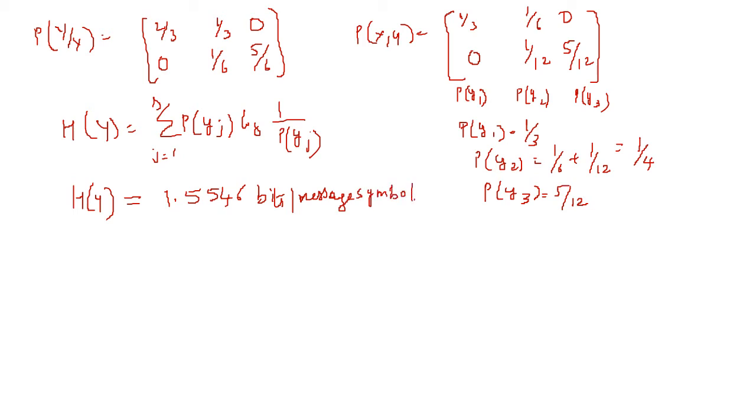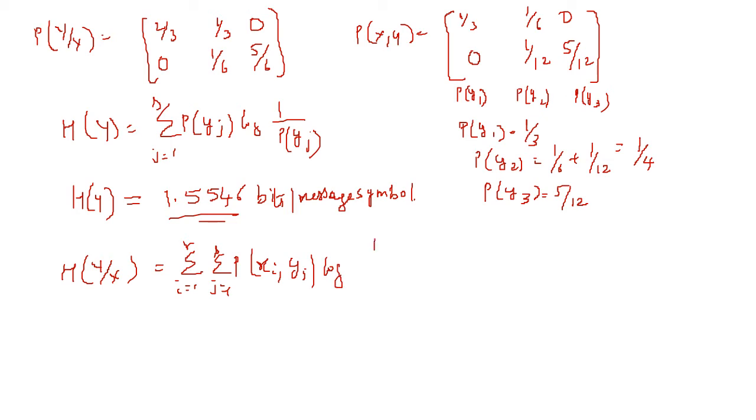Now to find H of y by x, the formula is double summation i varying from 1 to r, j varying from 1 to s, P of xi comma yj into log of 1 by P of yj by xi. So P of xi comma yj is the joint element, so it is 1 by 3 into log of 1 by P of yj by xi, which is this element, 2 by 3. Substitute in the similar manner.